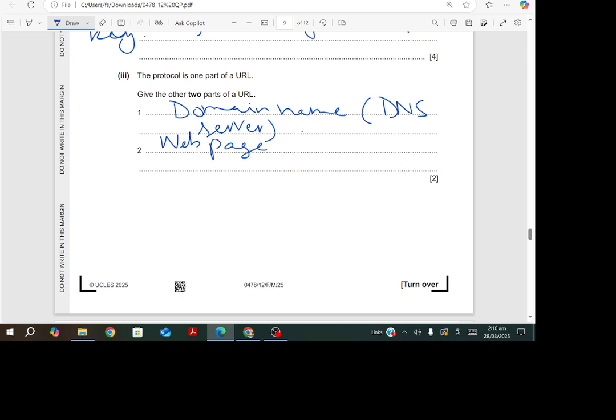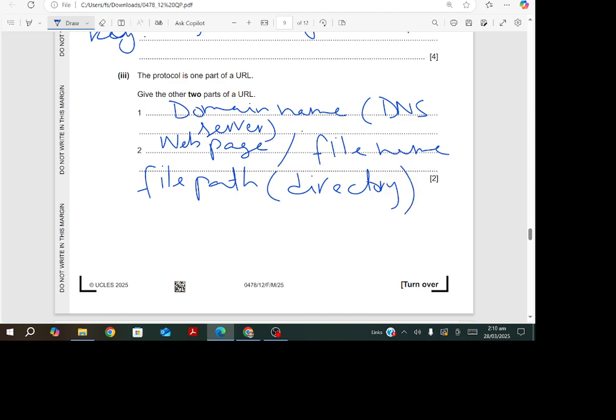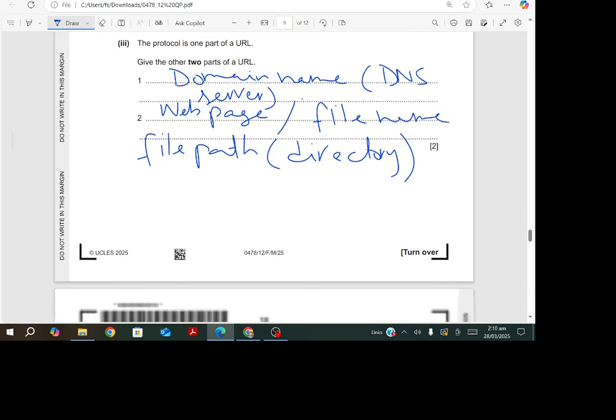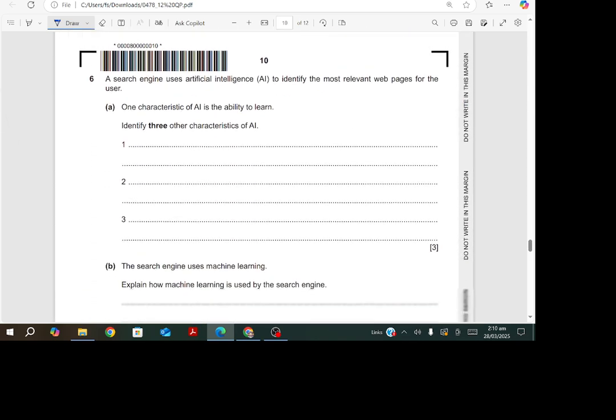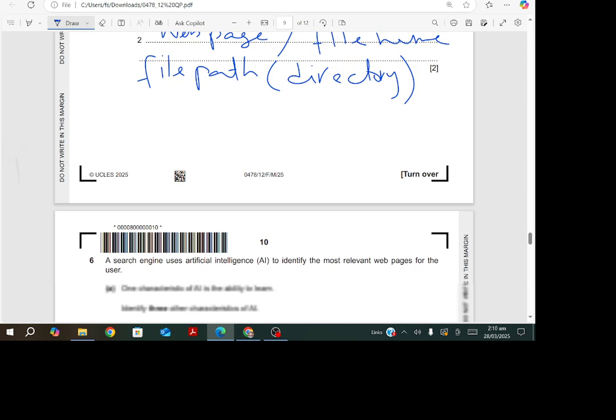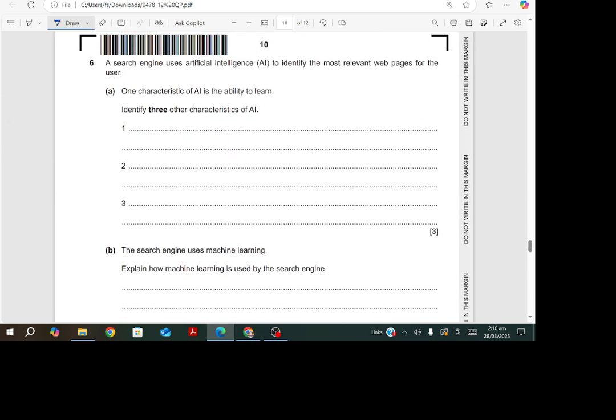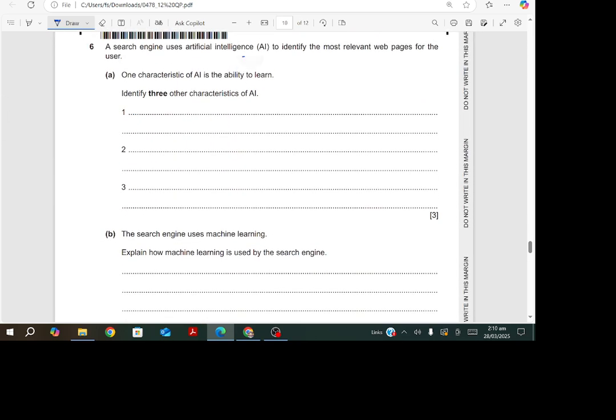The web page or file name or file path, which is referred to as the directory. So this one was easy.